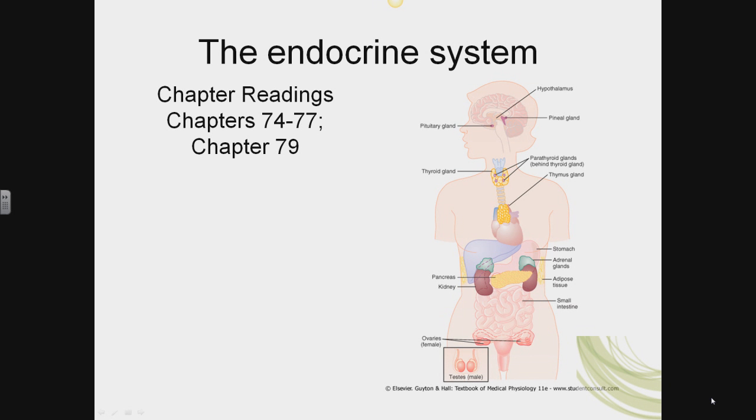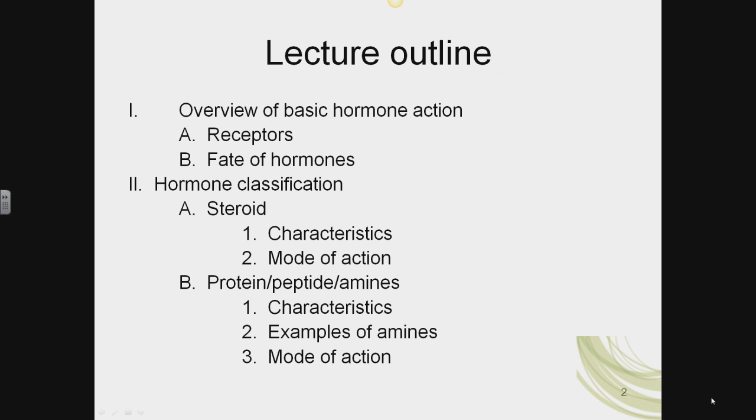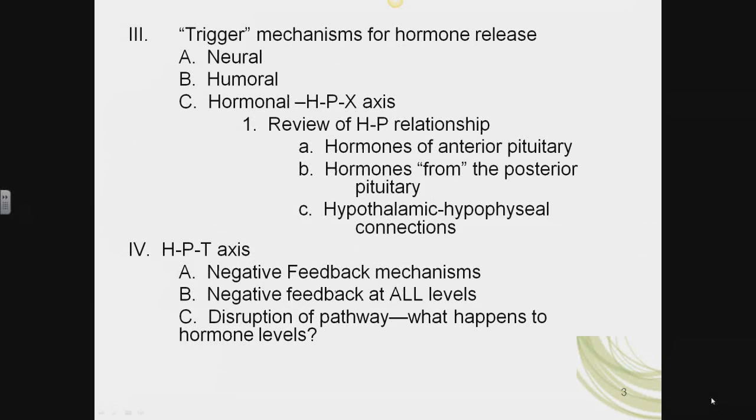Most notably, I'm going to lecture on the basic review of hormone actions, the classification of hormones, and I'll tell you about how hormones are released. Is it neural, humoral, or hormonal?